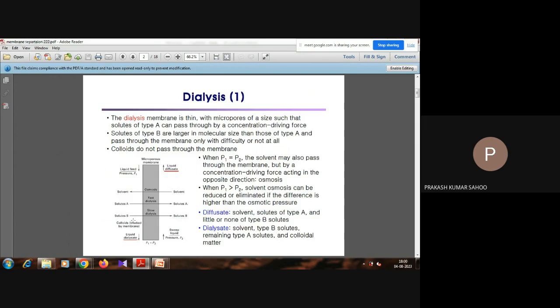Solutes of type B are larger in molecular size than those of A and pass through the membrane only with difficulty or not at all.